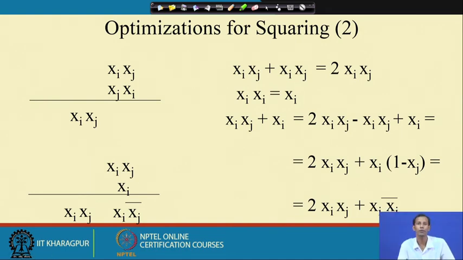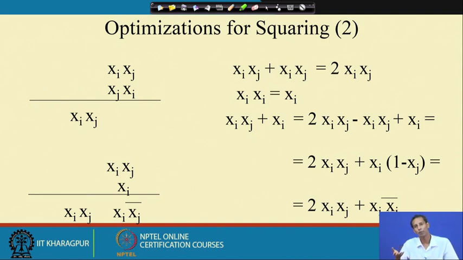Now, as I am removing some of the gates using this kind of logical optimization, I can save more number of gates.